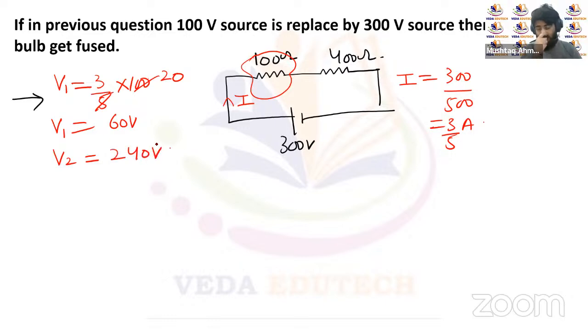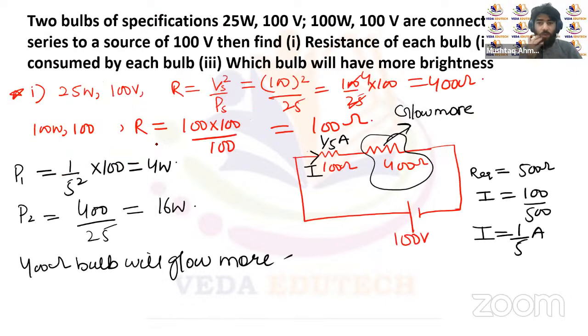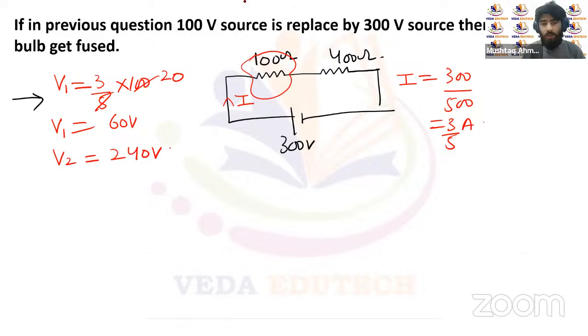240 volts. So it means that the potential drop across the bulb of 400 ohm resistance, which means the 25 watt bulb, is actually greater than the specified voltage, and we already know that whenever the potential is greater than the specified voltage, that bulb is going to fuse.